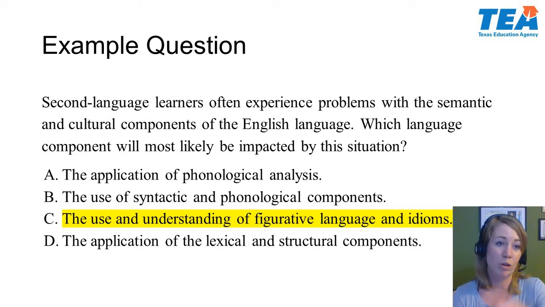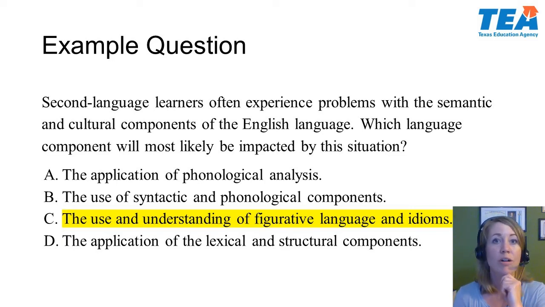When we're talking about semantics right now, we're talking about meaning of words. In sociolinguistics, we talked about culture. So does it make sense that A or B that deal with phonological components, phonology would be the answer? No, it doesn't. Let's look at C and D. D, lexical and structural components. Okay, getting closer.